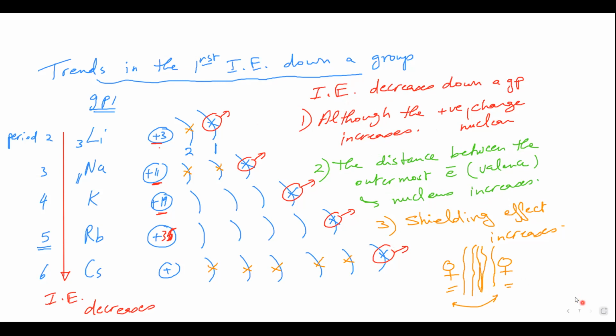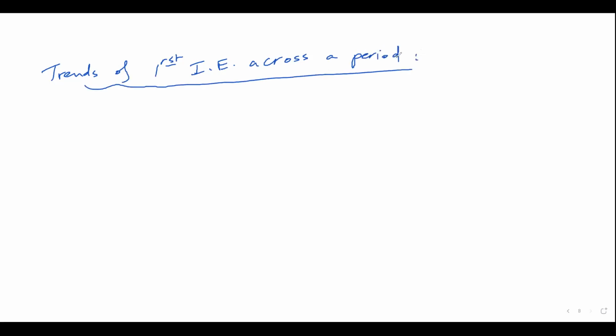What happens across a period? We now want to study the trends of first ionization energy across a period. Also, when we study a period, what is going to be said about this period is also going to be said about others.